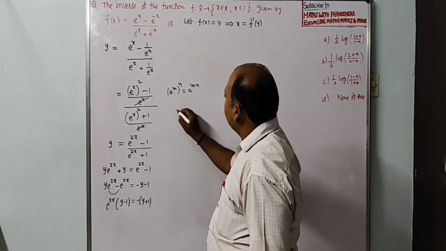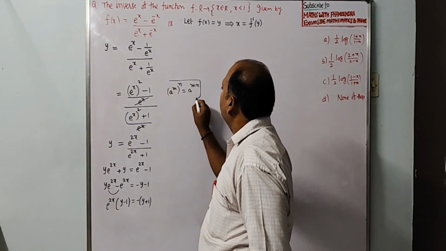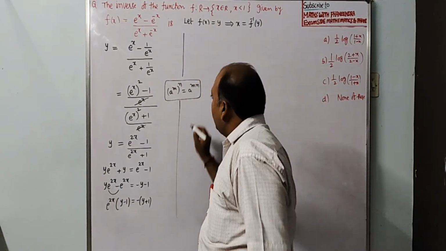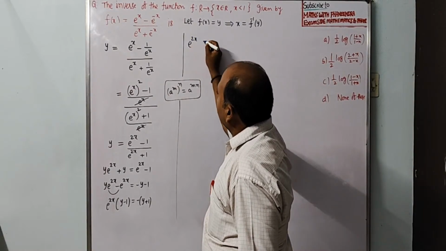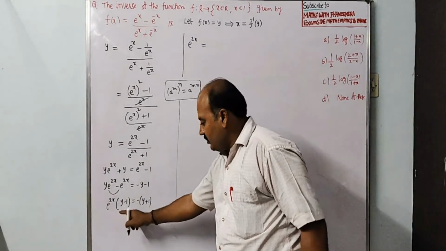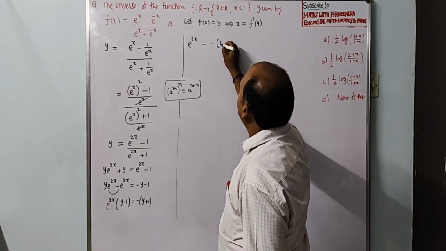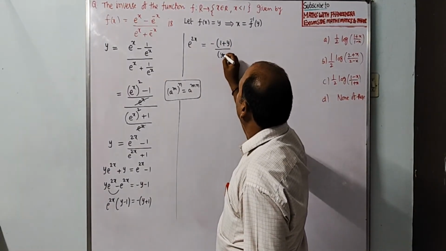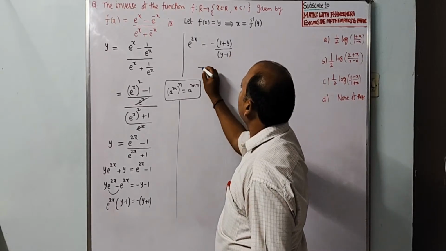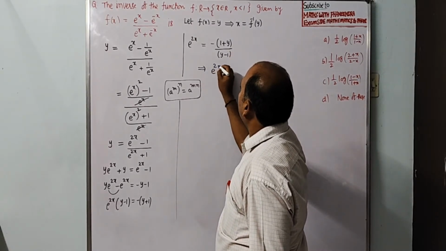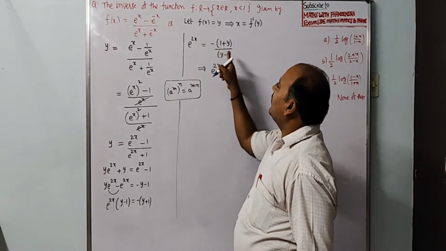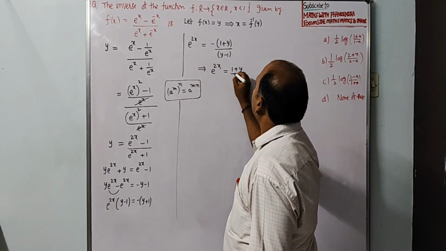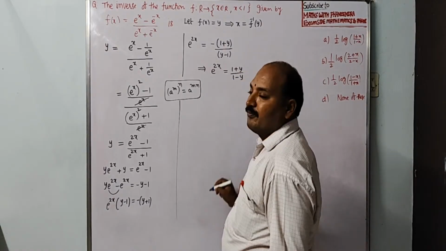I want e power 2x as the subject, so e power 2x equals minus of (1 plus y) divided by (y minus 1). Removing the minus, these two get interchanged: e power 2x equals (1 plus y) divided by (1 minus y).